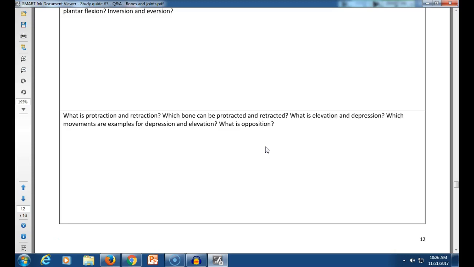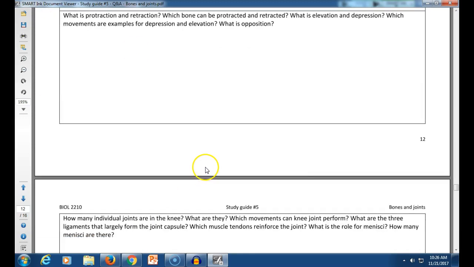When you do something like this, what kind of movements do you produce? You have to pick whether it's flexion or abduction or something like that. Okay? Okay, I got this.